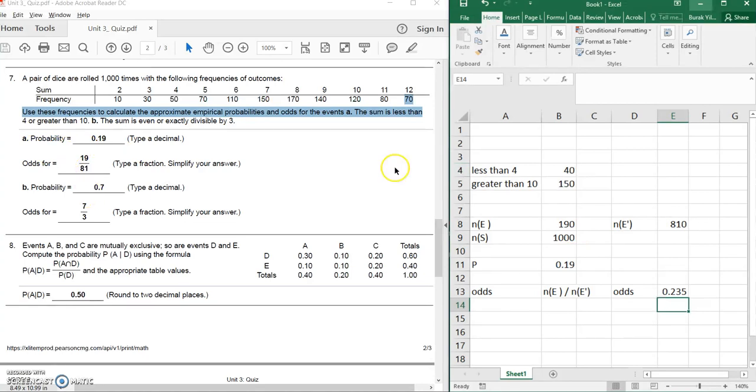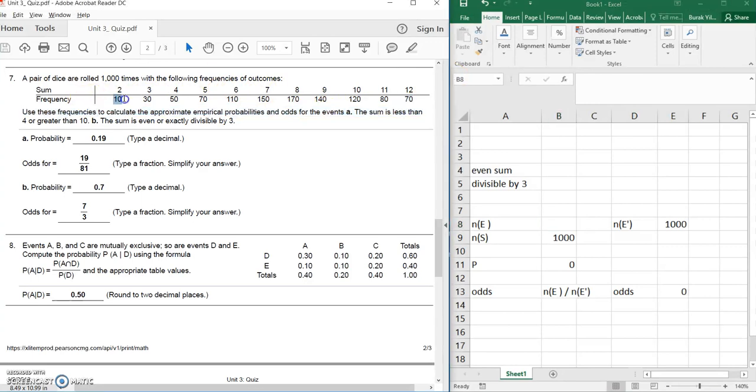And then in part B, the question is, the sum is even or exactly divisible by 3. So even sum, divisible by 3. So I'm changing these. Looking at the even sums, those would be 2, 4, 6, 8, 10, and 12.